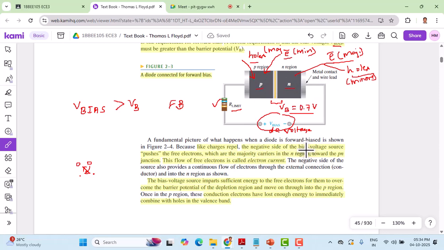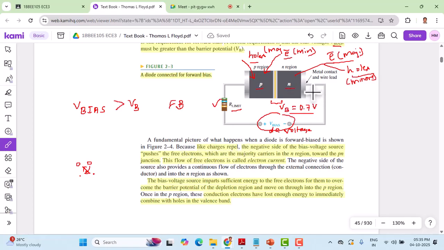The negative side of the bias voltage source pushes the free electrons, which are majority charge carriers in the N region, toward the PN junction. This flow of free electrons is called electron current. Since in the N-type the majority charge carriers are electrons, and the negative side of the bias voltage and the electrons are like charges, they repel each other.